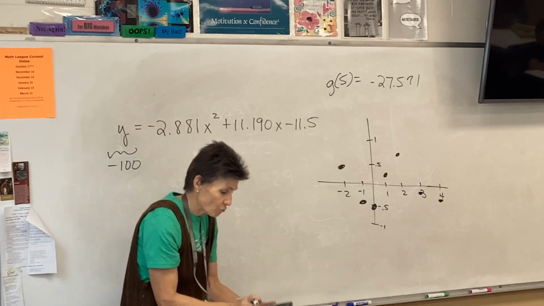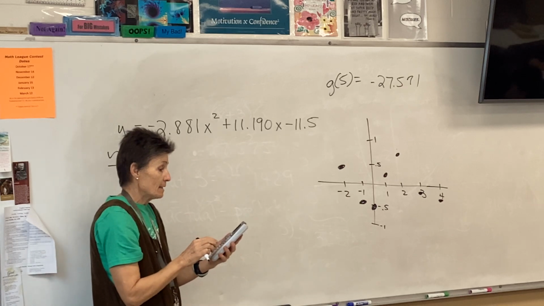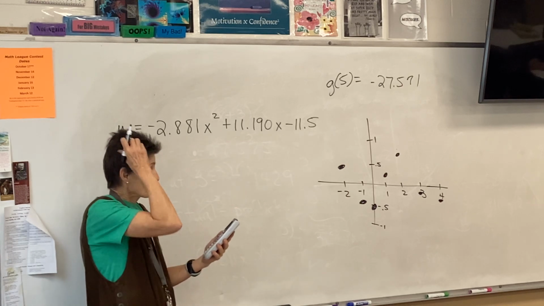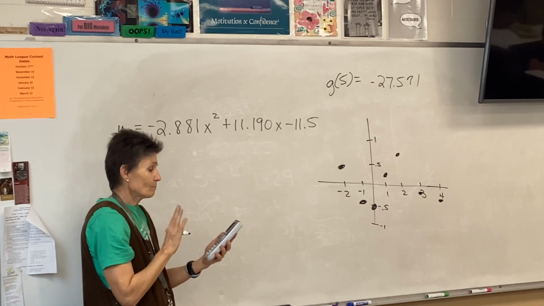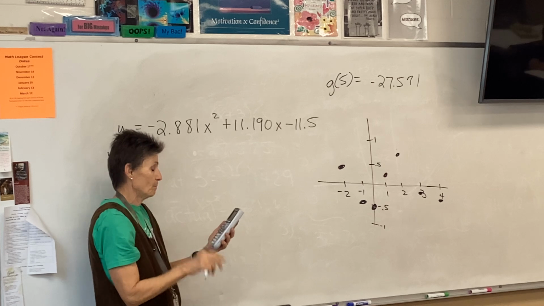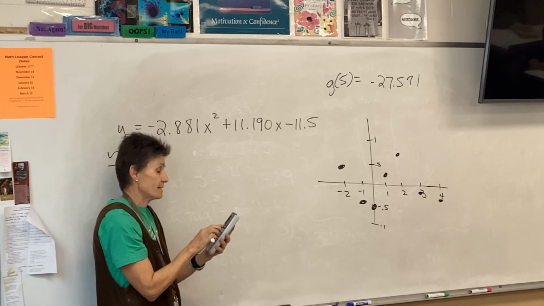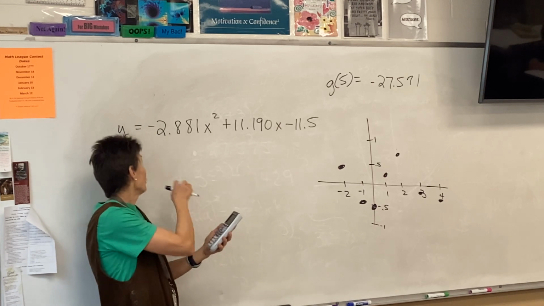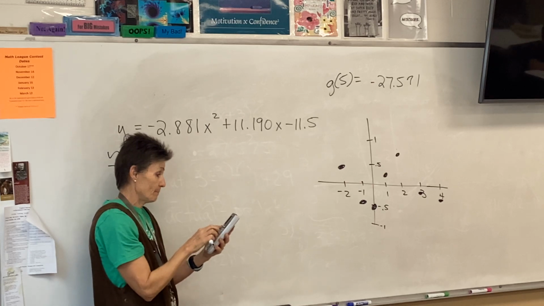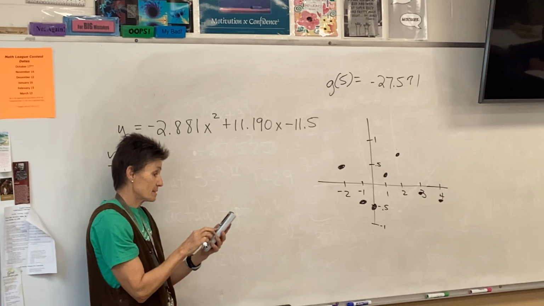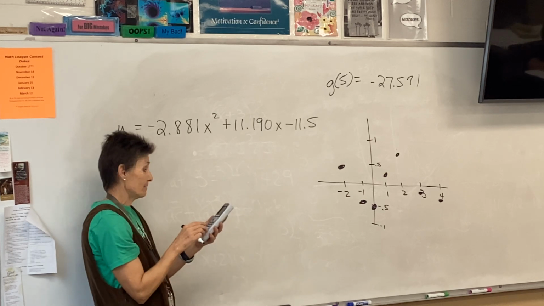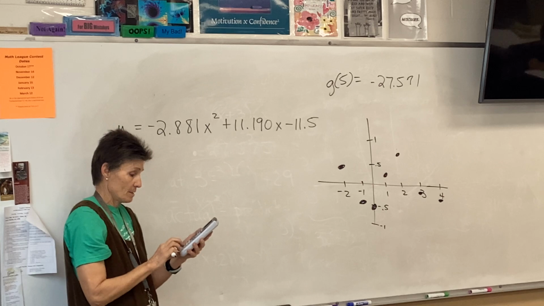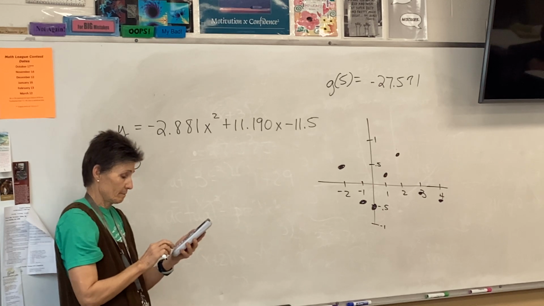All right, so let's try that. Now, we're definitely going to have to make some window adjustments here. I know my y's have to go down past negative 100, so maybe negative 150.